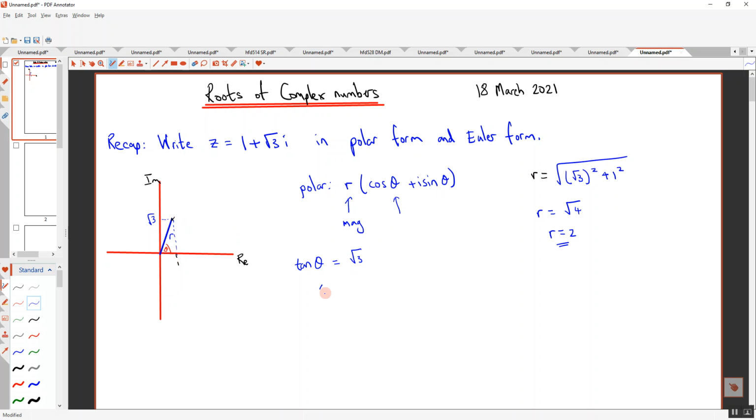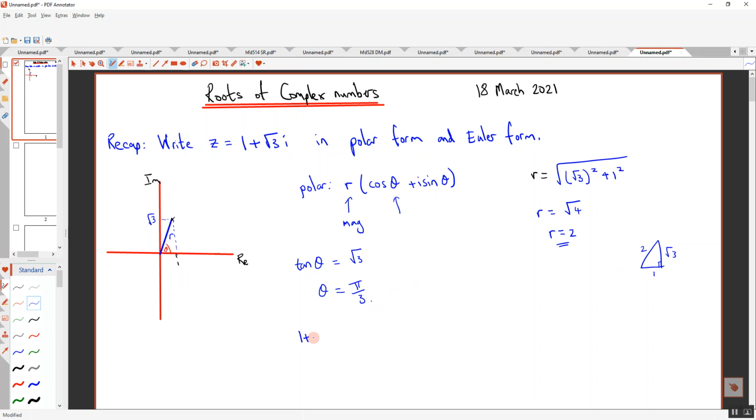So theta is equal to, thinking of our triangles, 1, root 3, 2, 60, opposite, yes. So theta is 60, which is pi over 3.